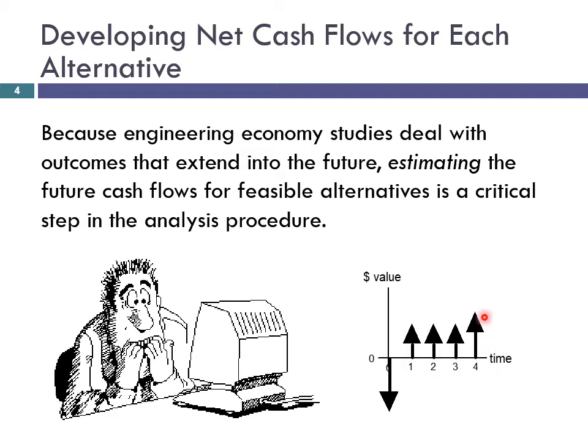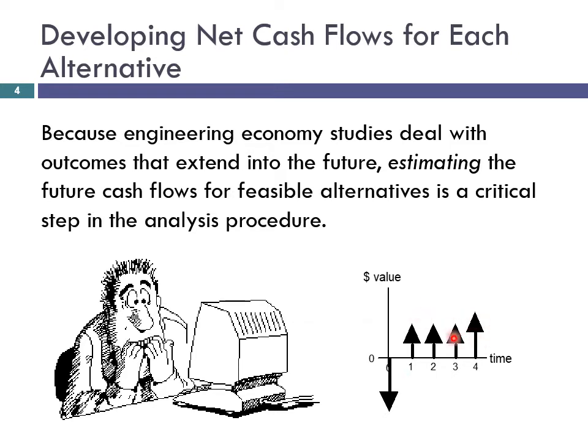Basically, this diagram over here is a cash flow. We will talk about it later on, and this diagram shows us how much you pay and earn. The downward arrows show you the payments, and upward arrows show you the earnings, and the length of the arrows tells you the amount of payments or earnings.